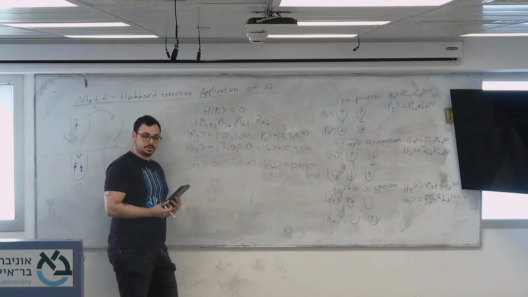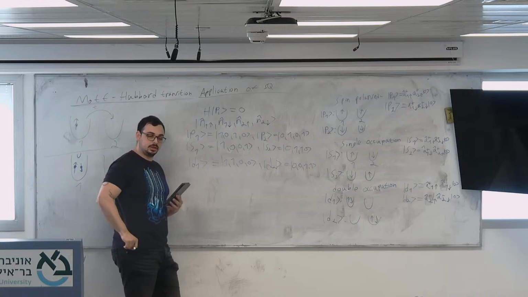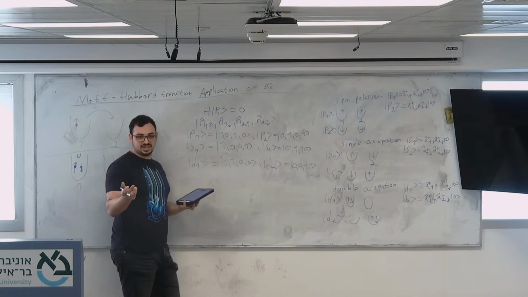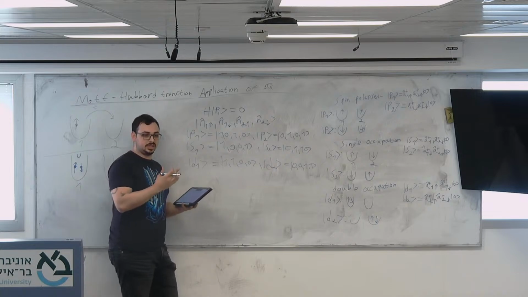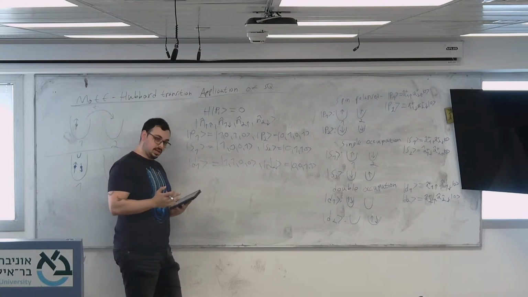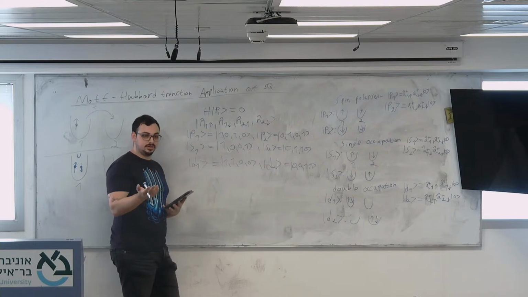Does anyone have any suggestion on how to find the other eigenvectors, eigenvalues, eigenstates? There's the classical method: make a matrix, diagonalize it, and then find the states.